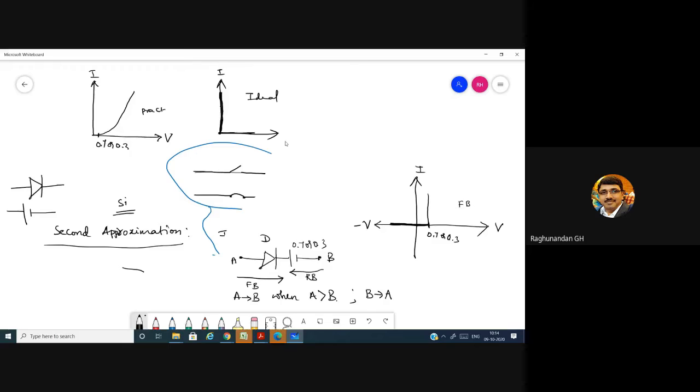Again, they compared this VI characteristics with this VI characteristics. Now tell me, are they matching? No, sir. Why are they not matching? What is the dissimilarity you can observe?